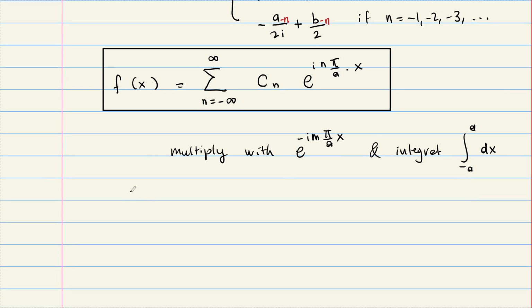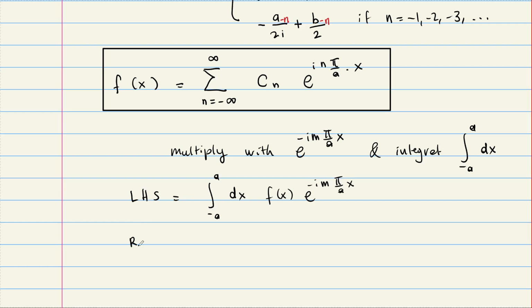So the left hand side is simple, the integral from minus a to a dx f of x e to the minus i m pi over a x.